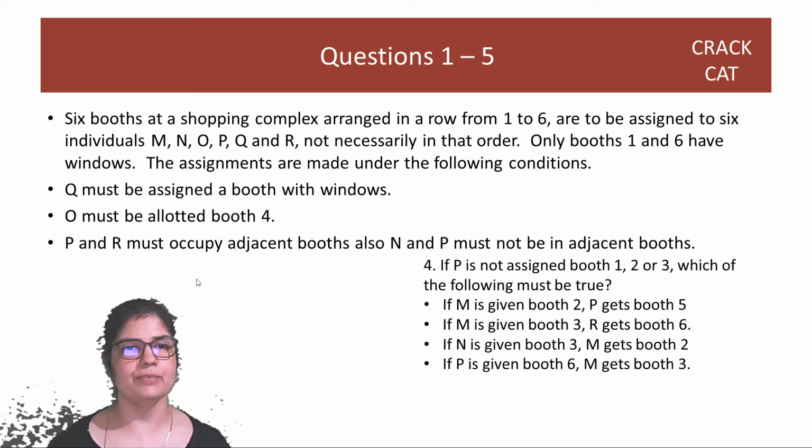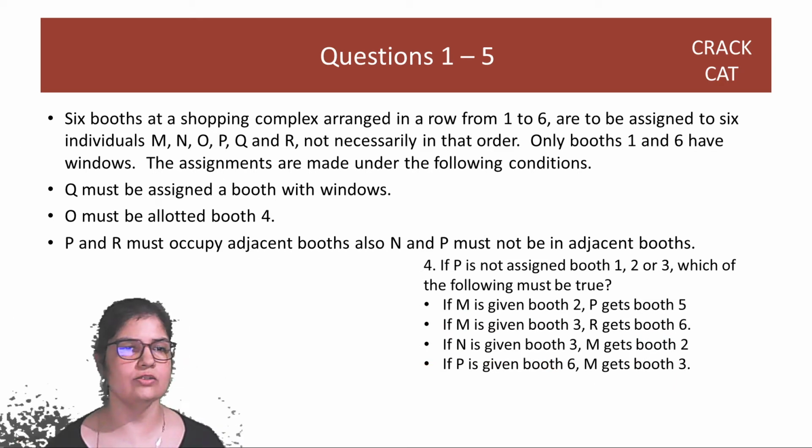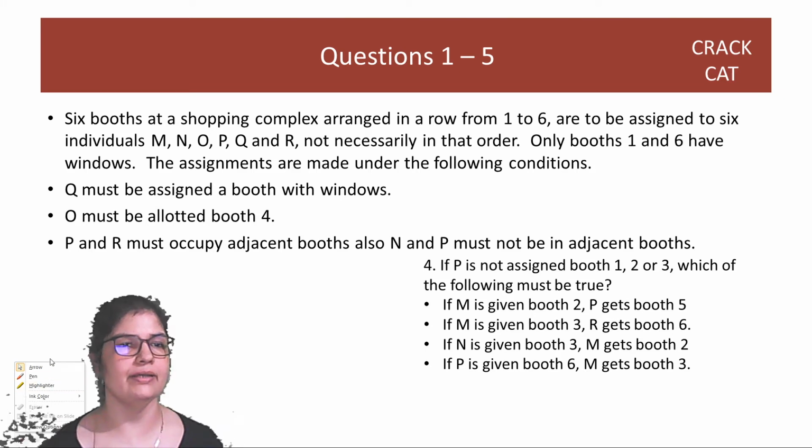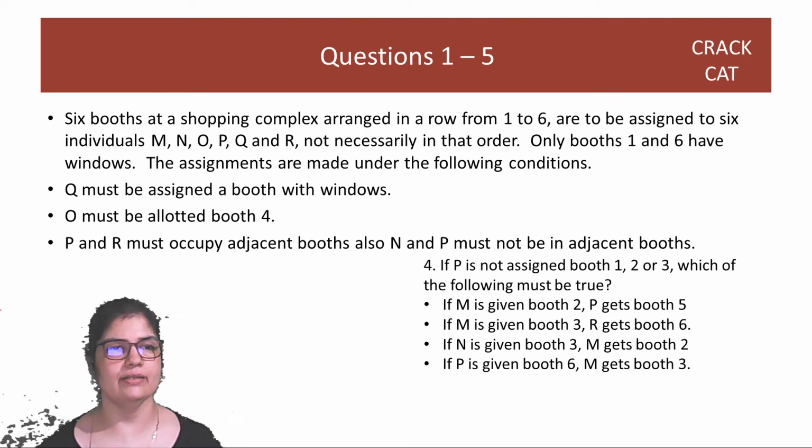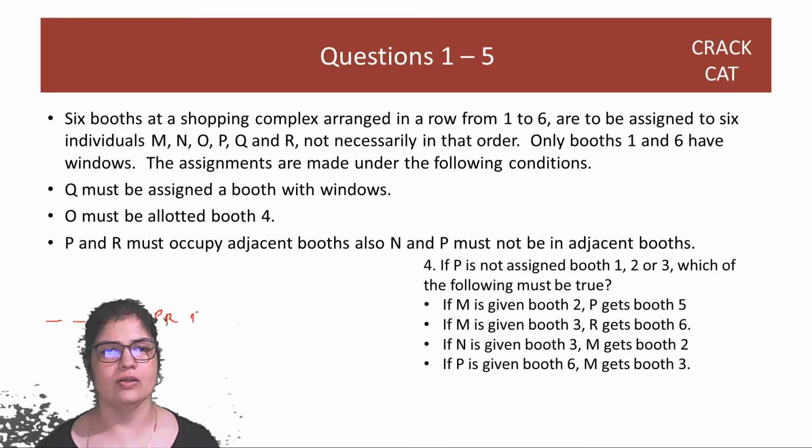Fourth question, P is not in 1, 2 or 3. So where will P and R go together, guys? Right, always that's the first thing we try and determine, that where will P and R go. So O, P is not here, that means P and R in some order, right, will be 5 or 6.